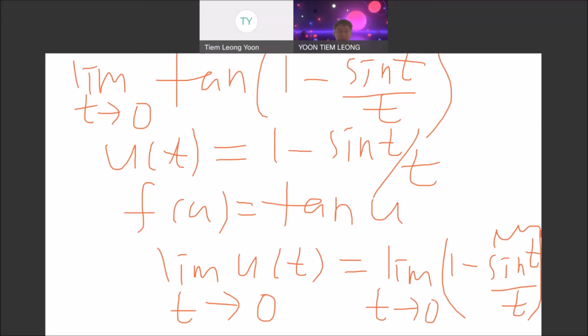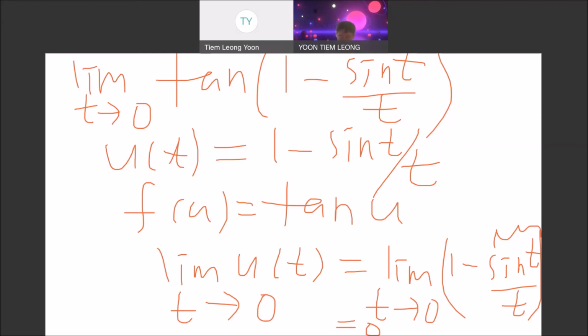We proved that using a geometrical argument. Remember, we drew the circle and a triangle inside the circle, then took the limit, and the geometrical construction allows us to find that the limit of sine t over t turns out to be 1. So you have a limit of 1 minus 1, which gives you a value of 0.